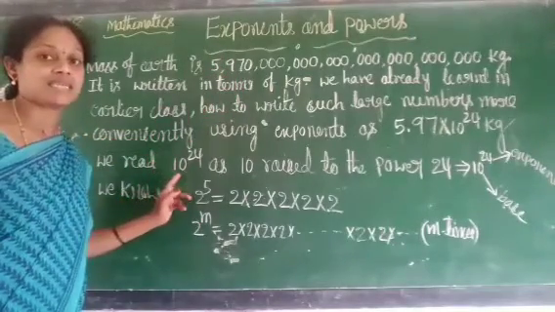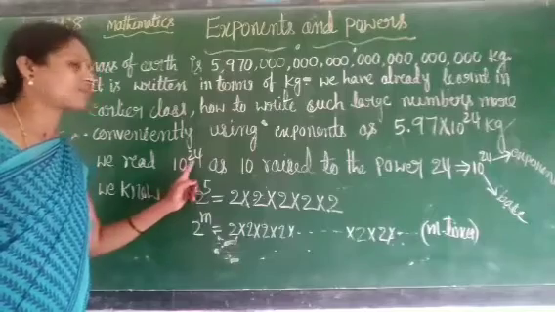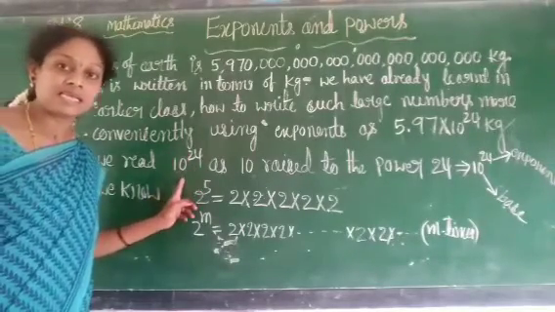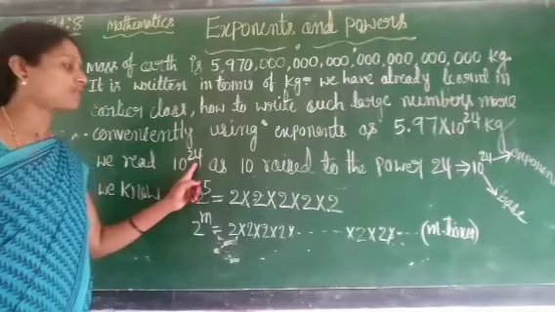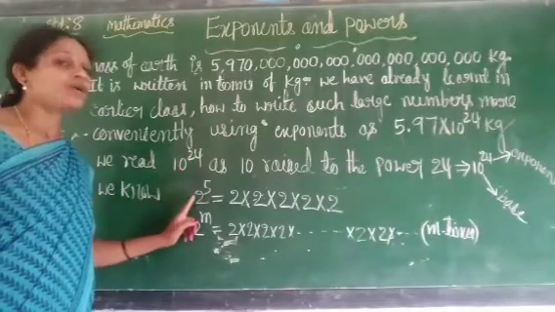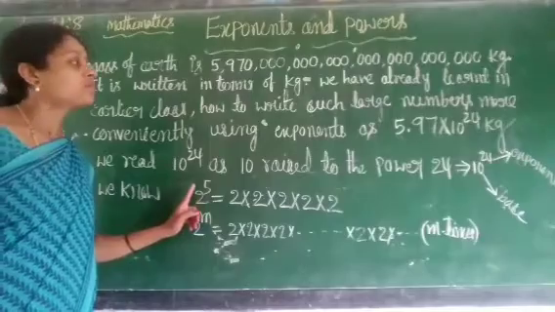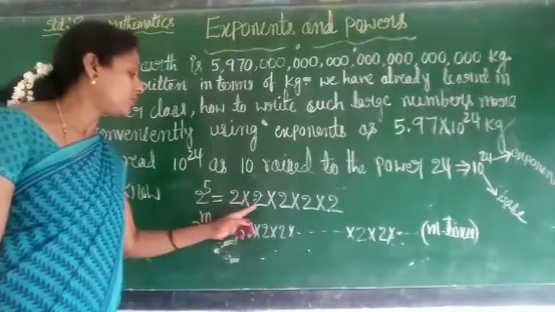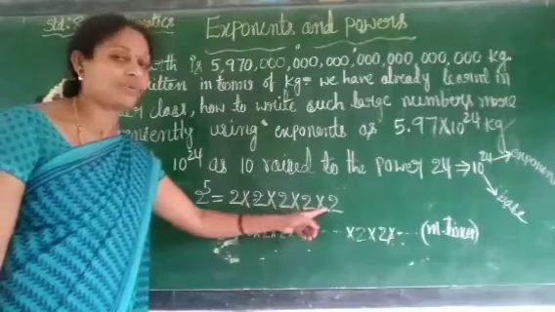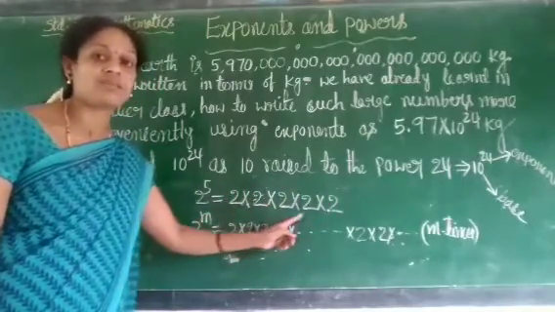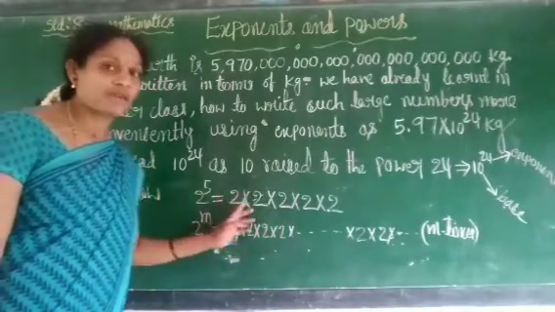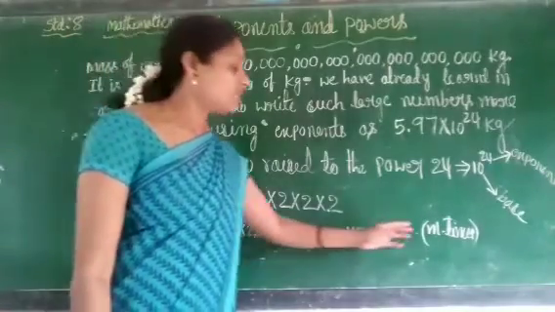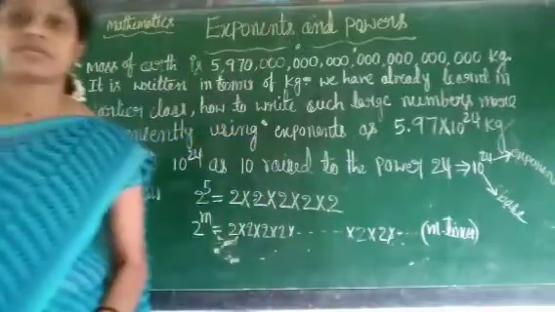We read it as 10 raised to the power 24, where 10 is the base and 24 is the exponent. 2 to the power 5 is 2 into 2 into 2 into 2 into 2, that is 5 times, and 2 to the power m is 2 multiplied m times.